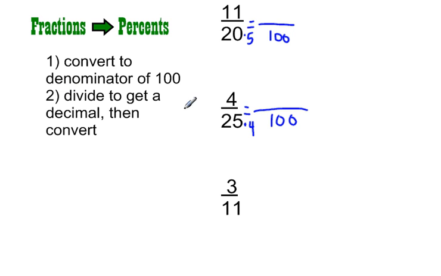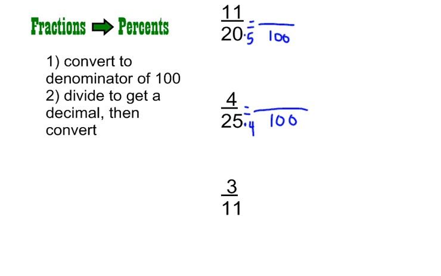Now, this doesn't always work. And here's an example. There's nothing I can really do to get this to 100. So I'm going to have to use a different method for this one, and that's what this alternative is. We can always divide, which will give us a decimal answer, and then we'll convert it.